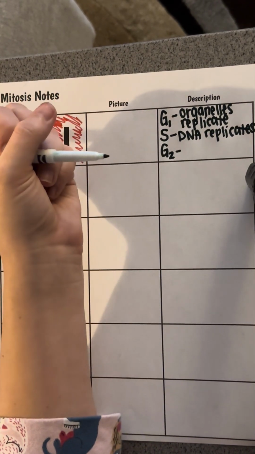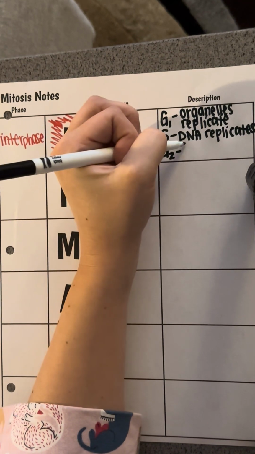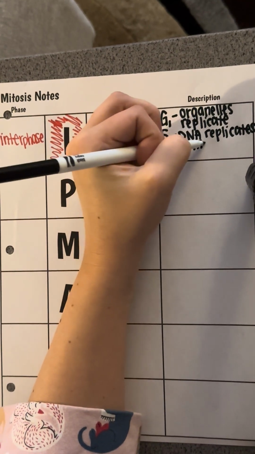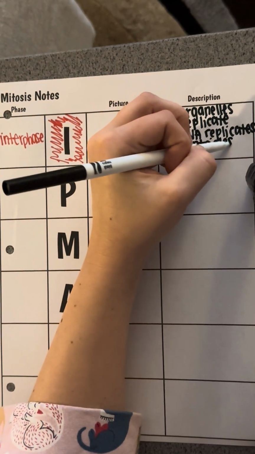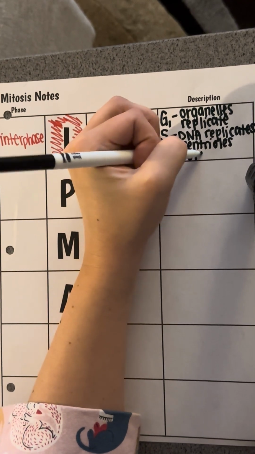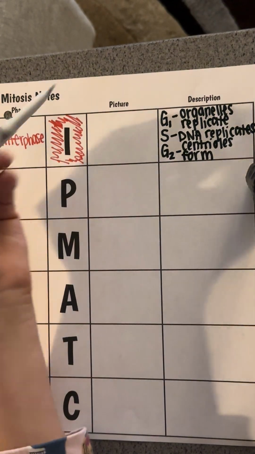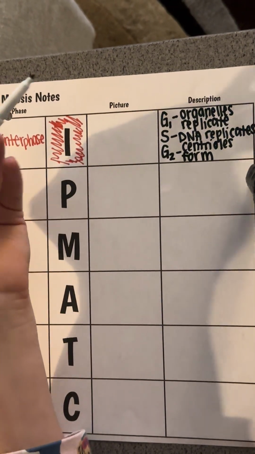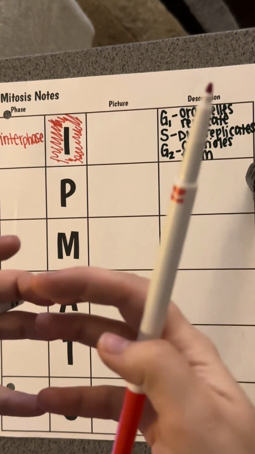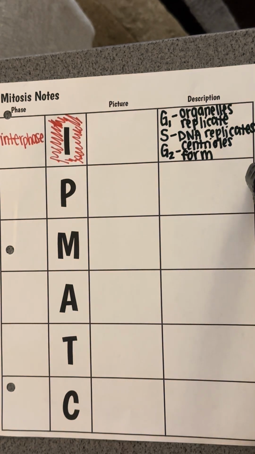And then moving on to G2, the centrioles form and the cell prepares to divide. Remember, the centrioles are actually going to grow spindle fibers and pull apart the DNA.